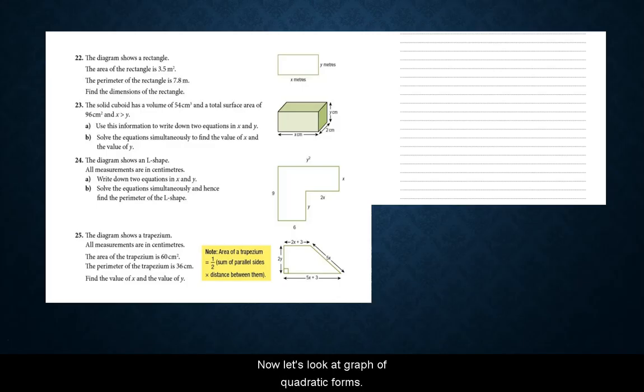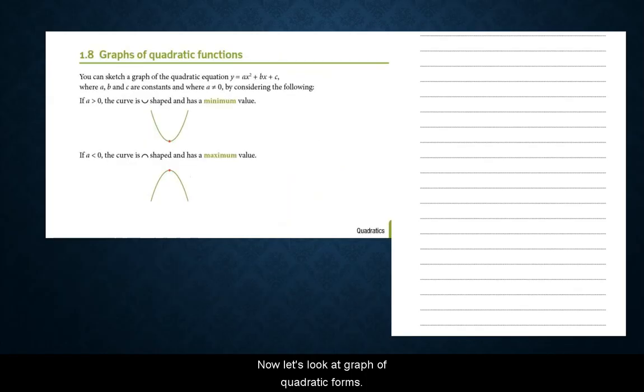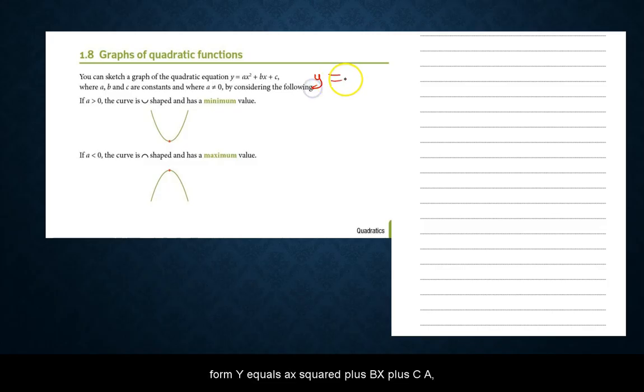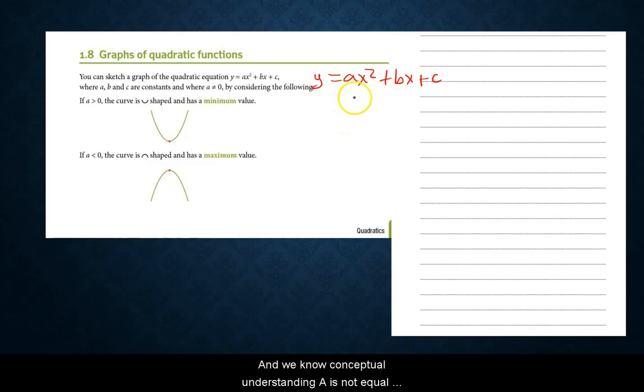Now let's look at the graph of quadratic functions. We can sketch a graph of a quadratic equation in the form y equals ax squared plus bx plus c. A, b, and c are constants, and a is not equal to 0.